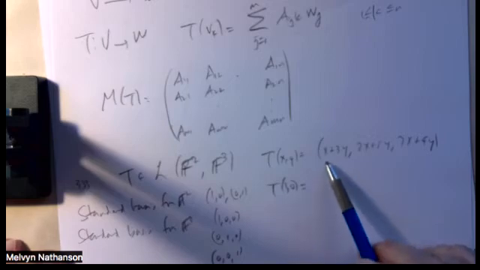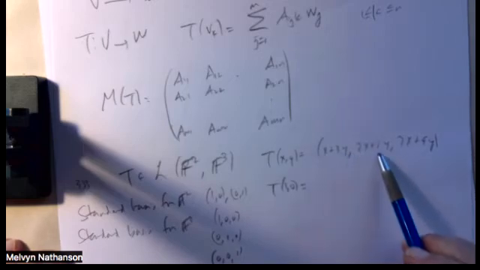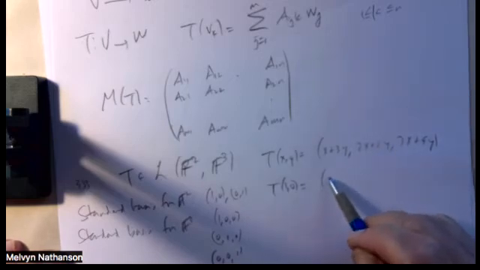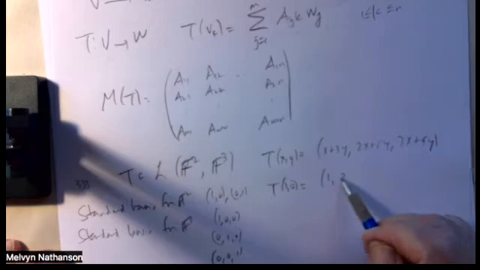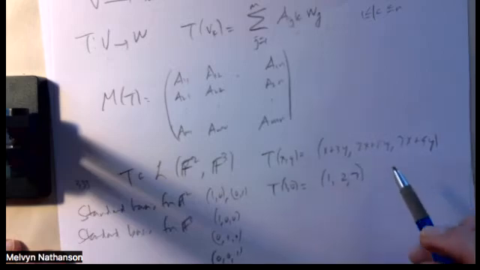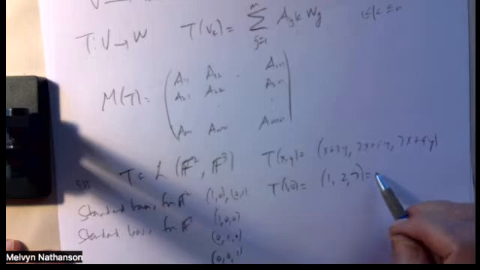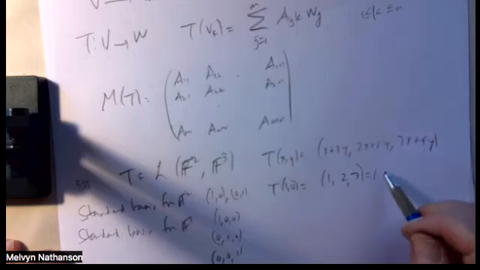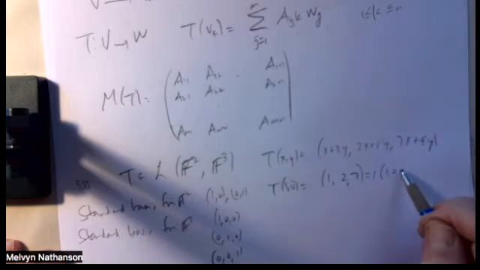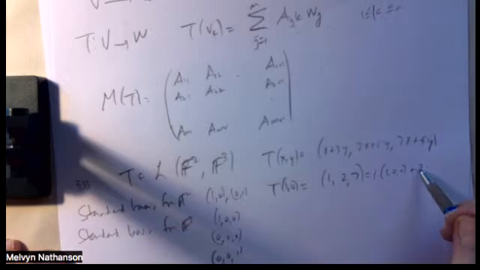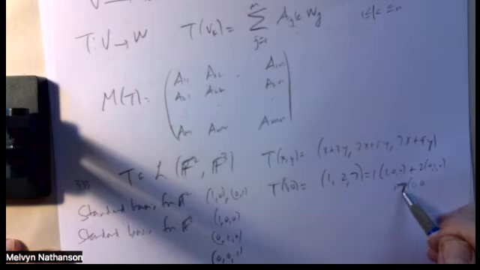T of (1, 0), when x is 1 and y is 0, you get (1, 2, 7), which is 1 times (1, 0, 0), plus 2 times (0, 1, 0), plus 7 times (0, 0, 1).